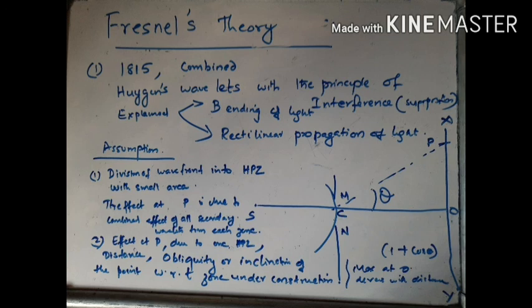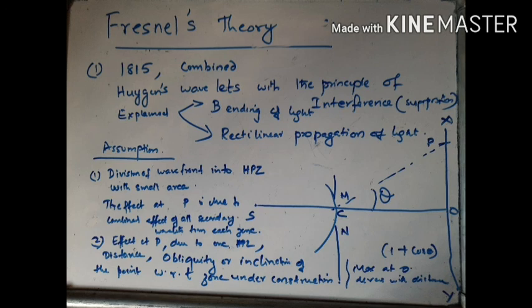The obliquity factor depends upon the term 1 plus cos theta, or the effect at P due to the obliquity factor is proportional to 1 plus cos theta. And you know that when theta is equal to 0, cos theta is equal to 1.